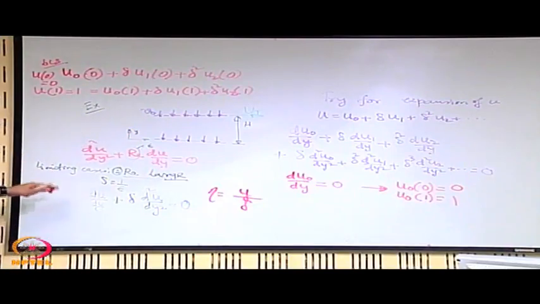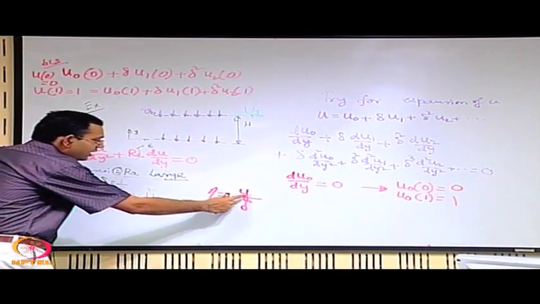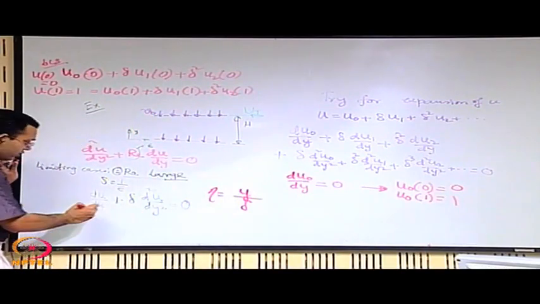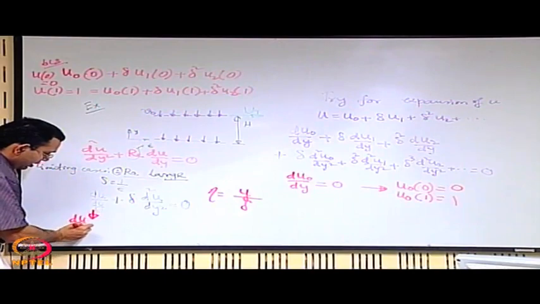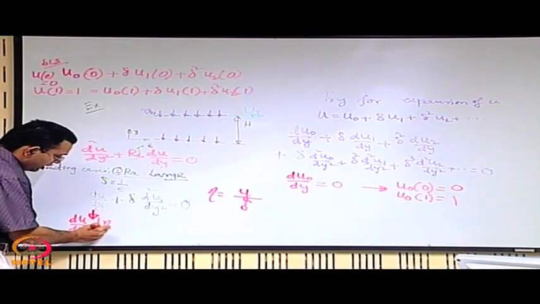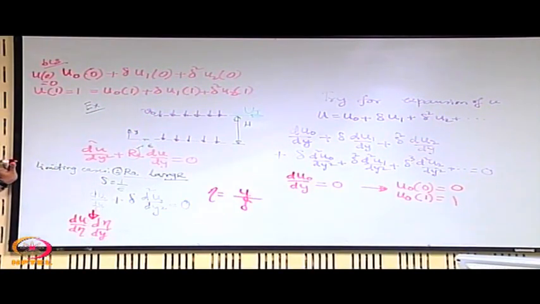Now if you now recast the variable, so instead of y you use the eta. So then what is du dy? So du dy is du d eta into d eta dy, right.